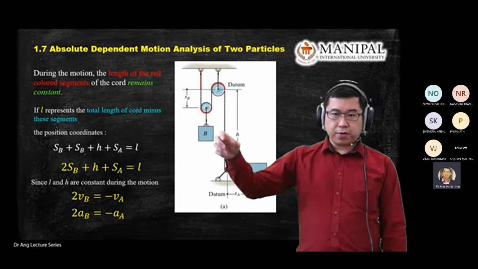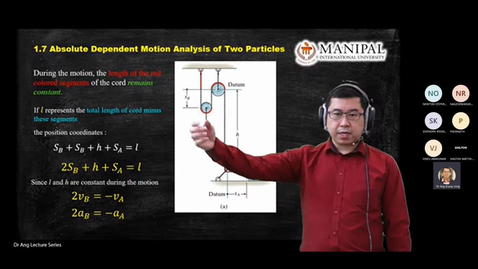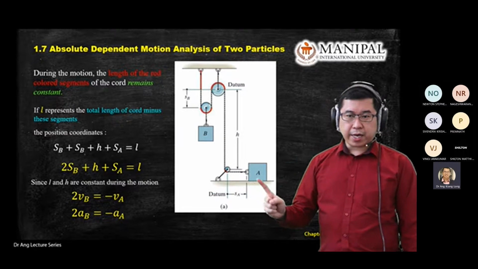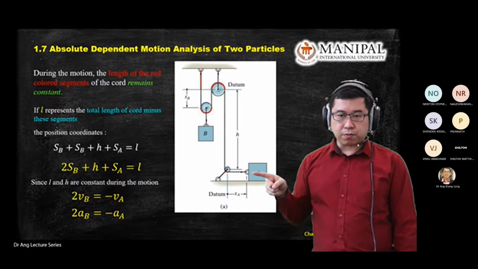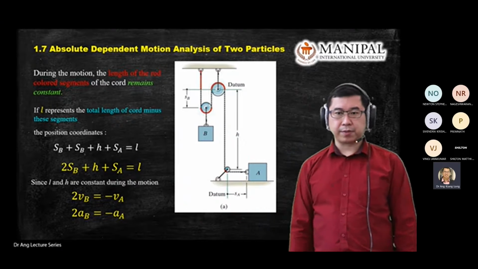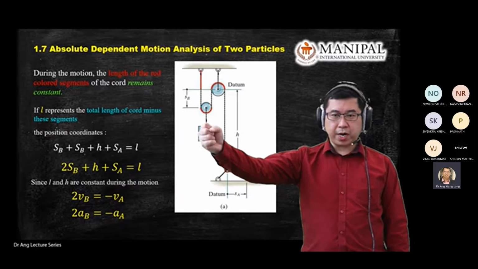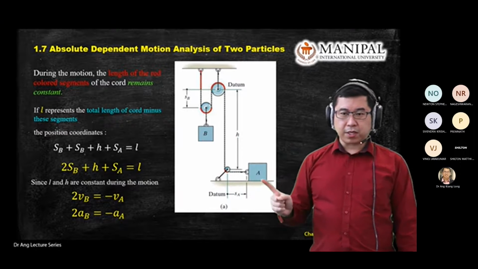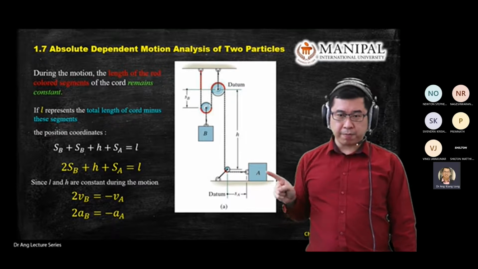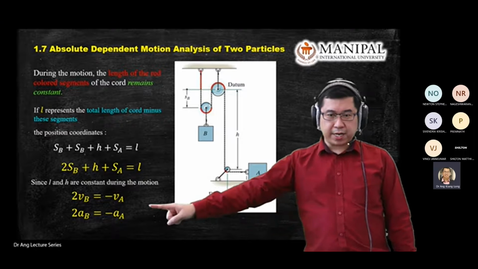If you move B, A is going to move in this direction 2 times the magnitude of B. If you move B 1 meter below, this one is going to move 2 meters to the left, which gets a negative sign.